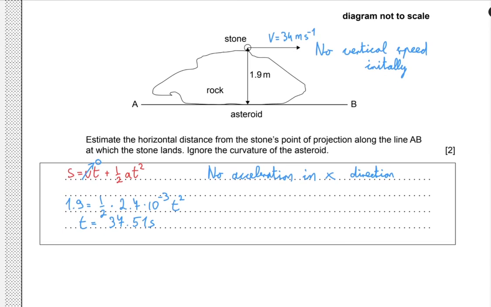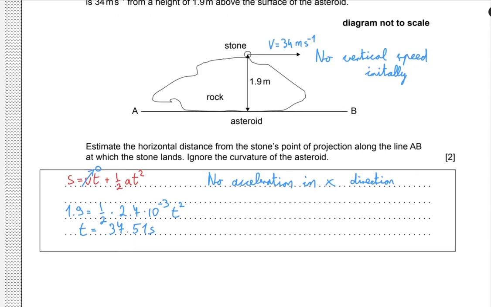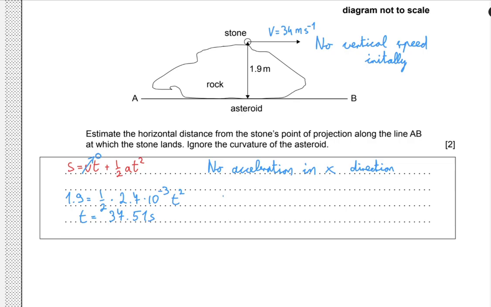So if we know the time it travels in the air for, and if we know the speed that it traveled this distance for, then we can use probably the most basic formula in the syllabus, that the speed is equal to distance over time.